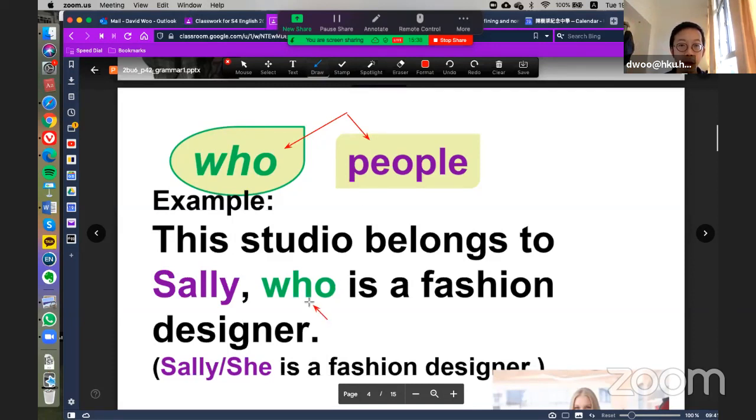So who refers to Sally. And as we said before, the relative pronoun usually goes immediately after the referring word. So if you don't know who is, look at the word or words preceding the relative pronoun, and we see it means Sally. So this studio belongs to Sally. Sally is a fashion designer.